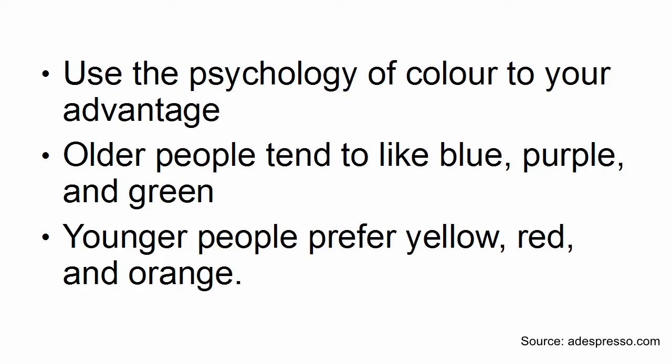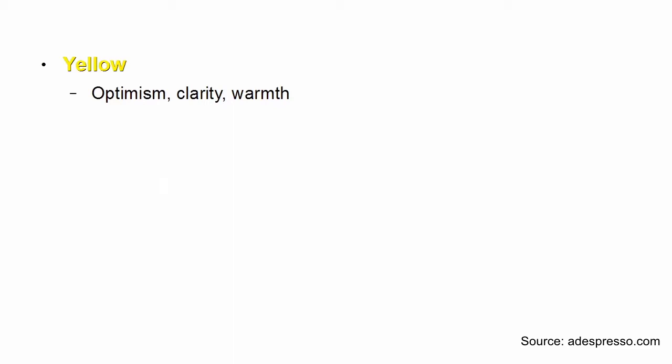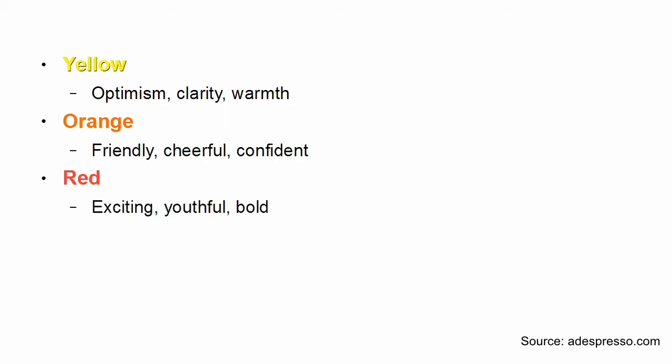In fact, you can actually take it a step further because different colors tend to relate to different things. For example, yellow tends to convey optimism, clarity and warmth. Orange is considered friendly, cheerful and confident. Red is exciting, youthful and bold. People associate purple with things that are imaginative and creative.